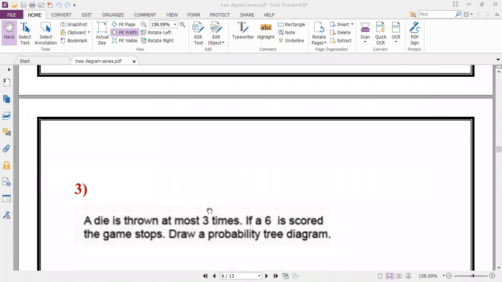Mustafa, read. If you remember, I have explained this example before. If you are going to get a 6, the game will stop. Okay, and if you didn't get a 6, you will go on and carry out the experiment again.